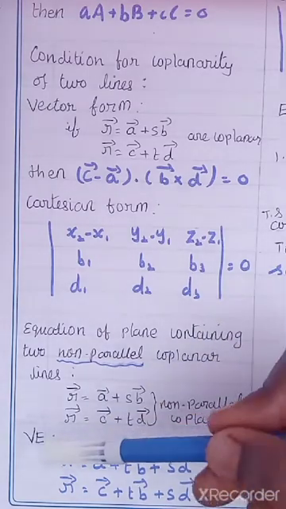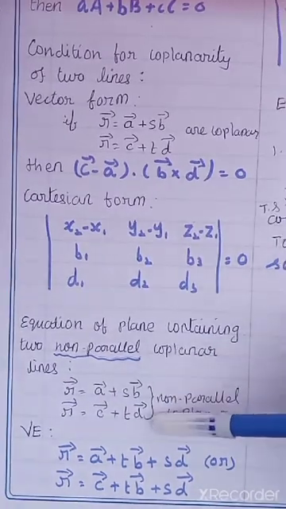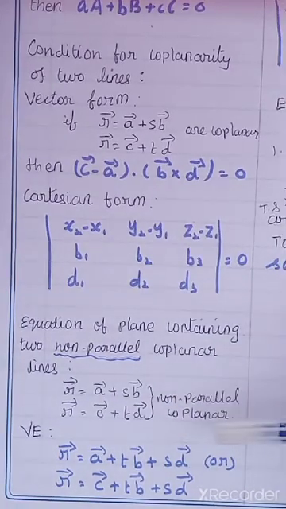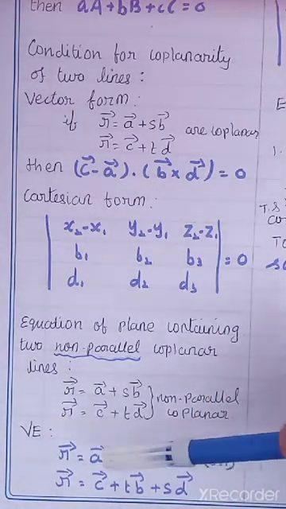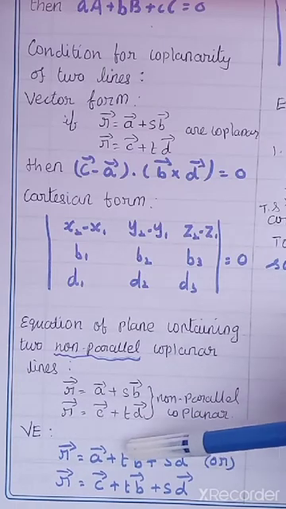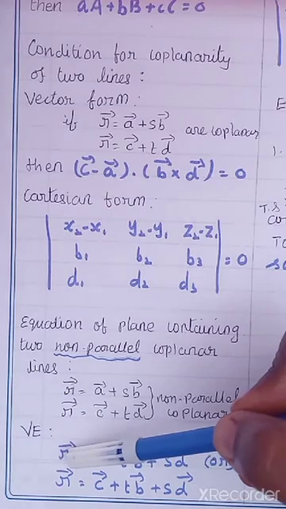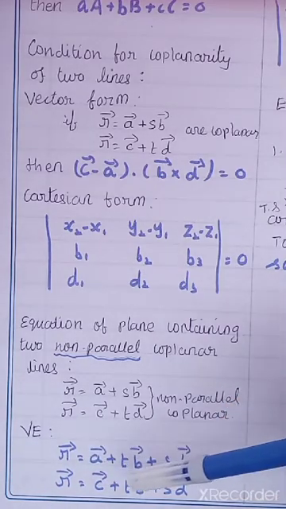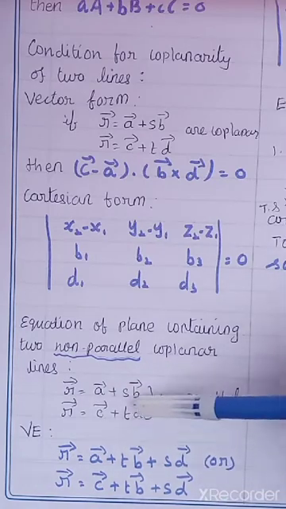Okay, now what is your vector equation? This is your vector equation, and here we are not going to check the condition. For non-parallel coplanar lines, we have to find the vector equation, which is this one. So what is your equation? r vector equal to a plus t b plus s d, or r vector equal to c plus t b plus s d. Both equations are one and the same, but here we are taking two lines now.